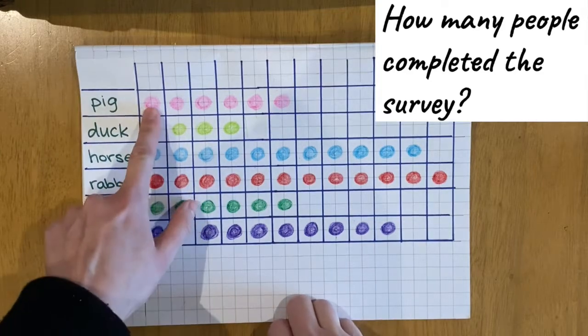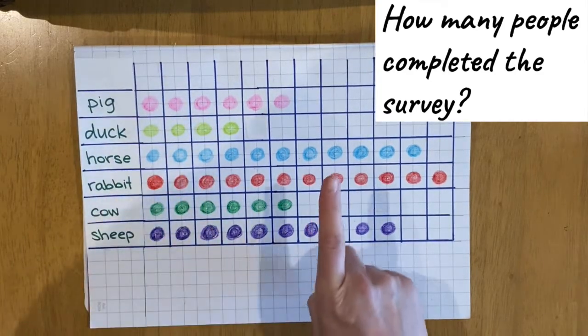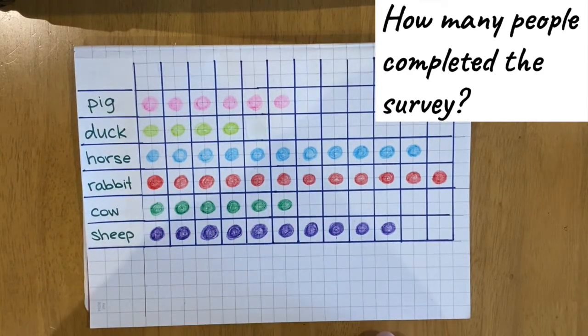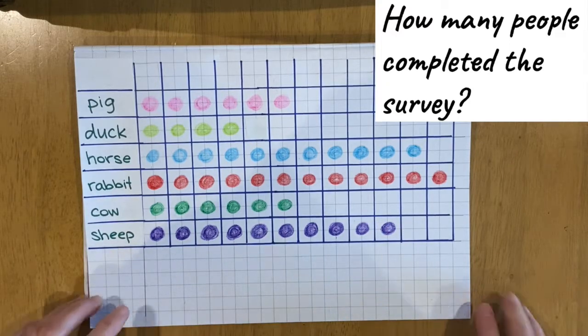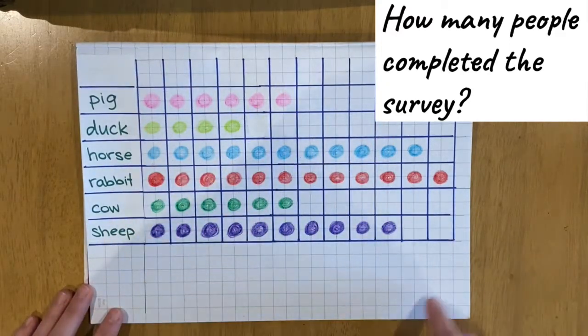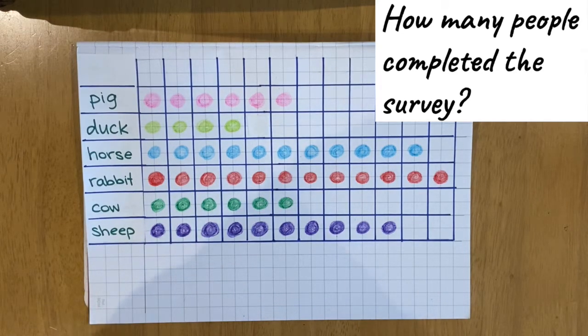So remember that each dot is one vote, and everyone voted one time. So how many people did I ask about what their favorite farm animal is? What do you think we need to do? So pause the video and have a think. What do you think we need to do to find out how many people completed the survey?